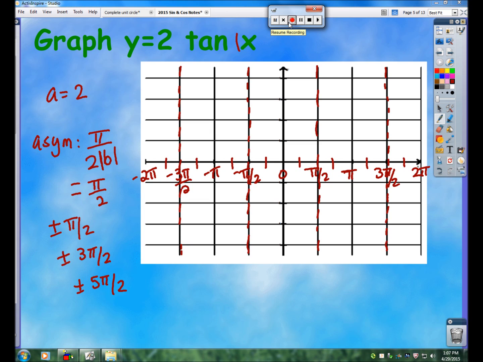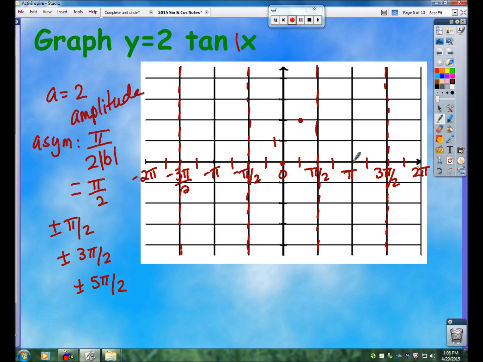All right, so remember at the 45s we're up and down at 1. But since our amplitude is 2, amplitude is the absolute value of A, which is our 2. That means our height is going to increase to 2 instead of 1. So instead of going up 1 at 45, we're going to go up 2. At 0, we're at 0.